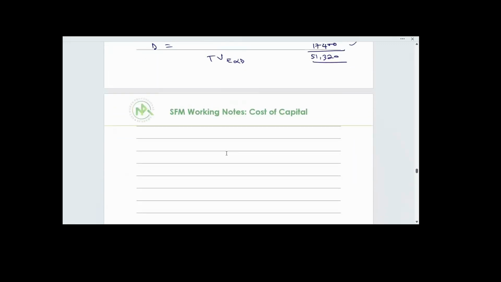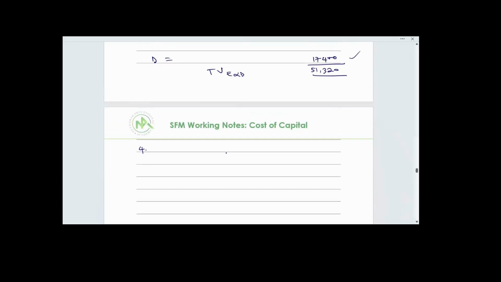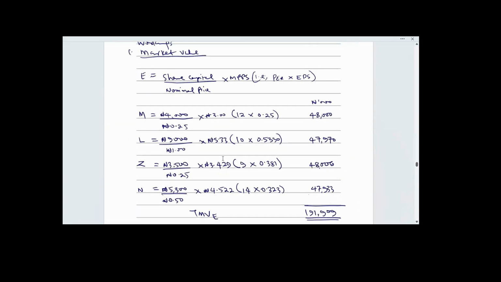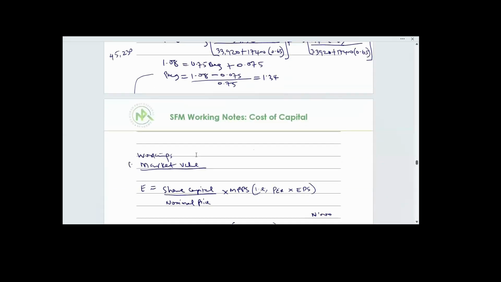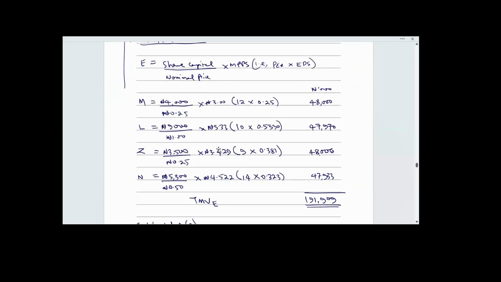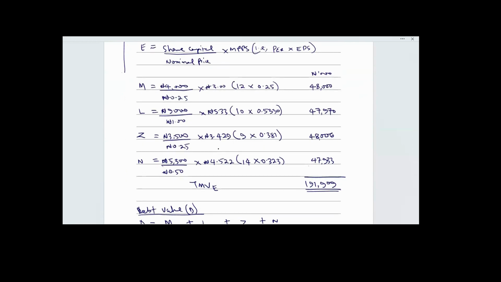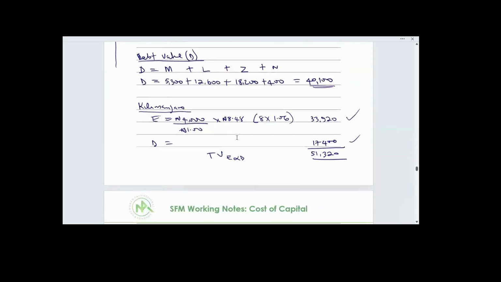So I'll continue from here. So step number 4. Let me draw a line to show it indicates the continuation, not the working.